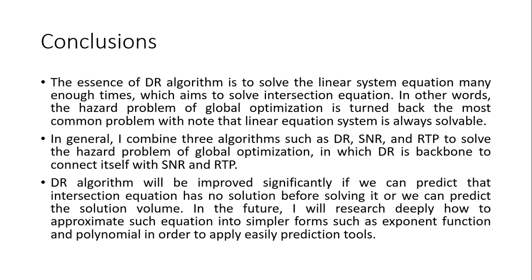In general, I combine three algorithms, DR, SNR, and RTP, to solve the hard problem of global optimization, in which DR is the backbone connecting itself with SNR and RTP.